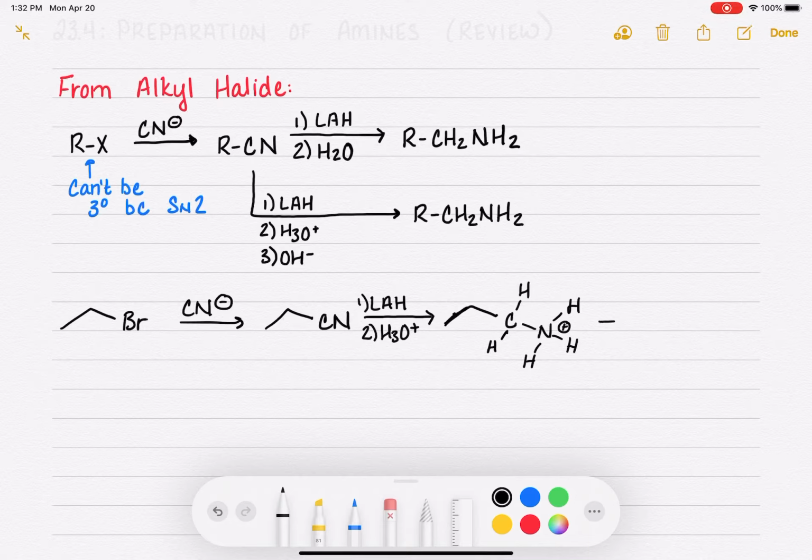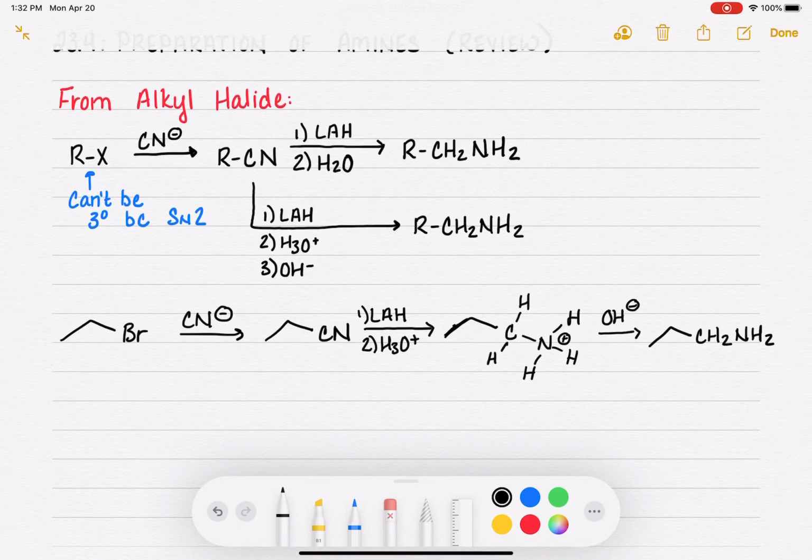And then in order to get it back to an amine instead of an ammonium, we're going to bring that strong base in and deprotonate. So again, it's really a redundant set of reactions, and it's more straightforward to just do step 2 H2O. When you're doing this reaction, like always with cyanide reactions, make sure you're watching out for that carbon that you're adding in the molecule. Don't lose it.